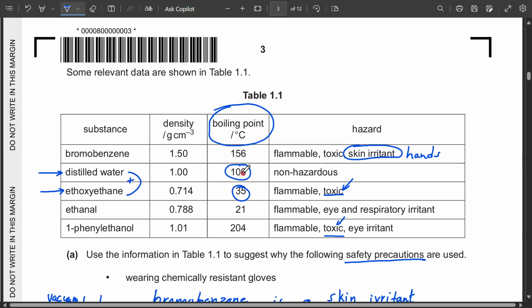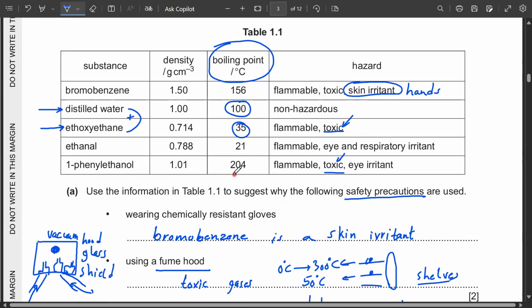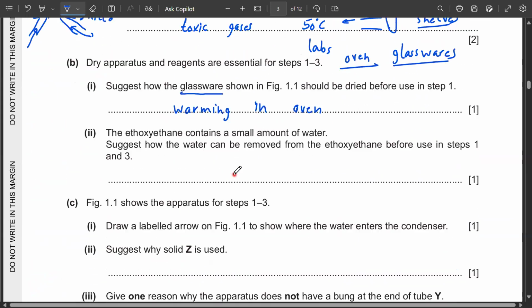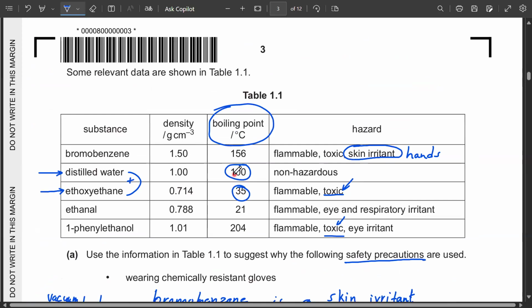What is that technique called, in which we separate substances on the basis of their boiling points? Evaporation. Evaporation is simply the conversion from liquid to gas. That's evaporation. But I'm asking for the technique in which the boiling points have to be kept in mind for two or more components.